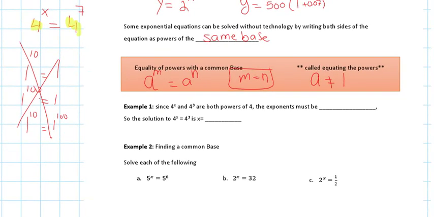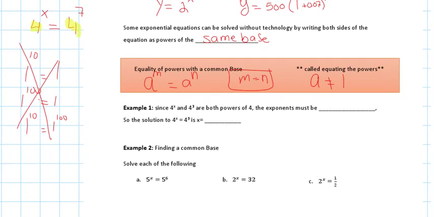So, here, since 4 to the power of x and 4 to the power of 3 are both powers of 4, the exponent must be equal or the same. So my solution for this is x is equal to 3. Sometimes it's easy, it's already given to you. Sometimes you have to make it happen.